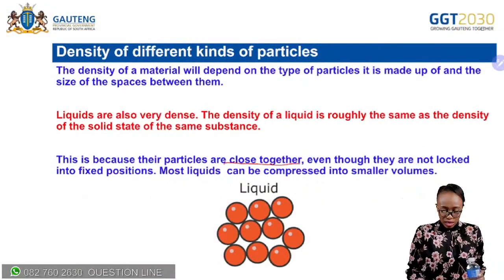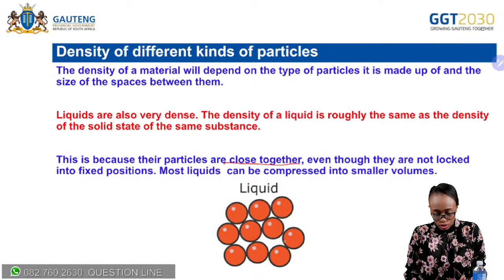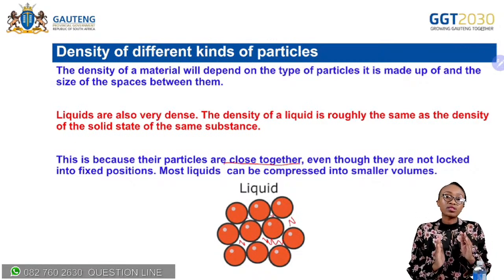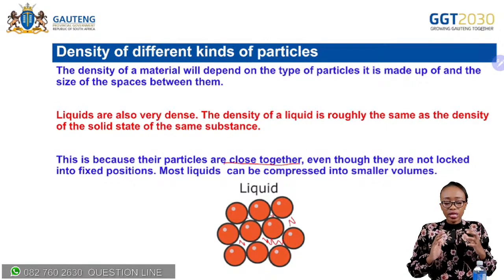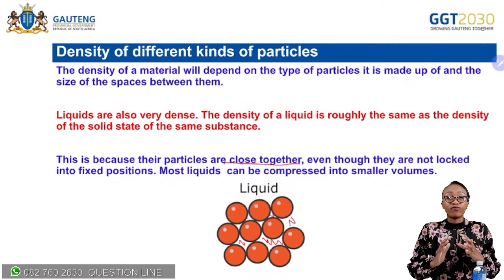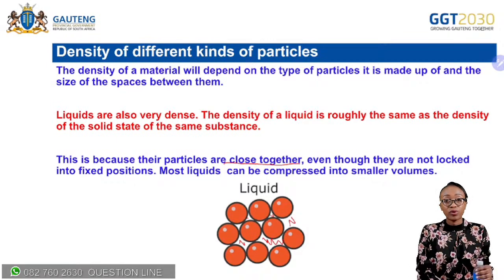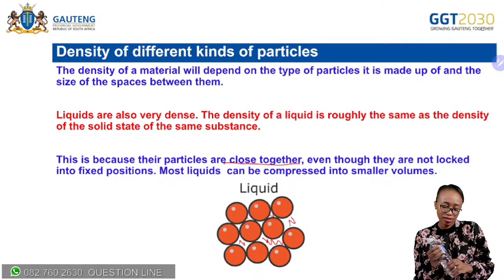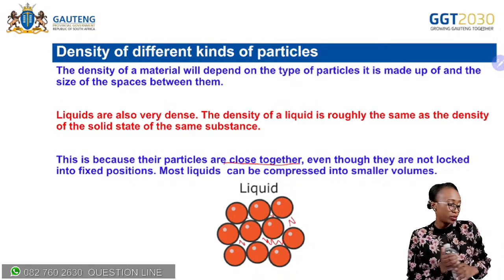Because remember, there's a space there, another space, and another space there. When I compress the liquid, I'm forcefully bringing these particles together. As you can see, I can compress it quite a bit.